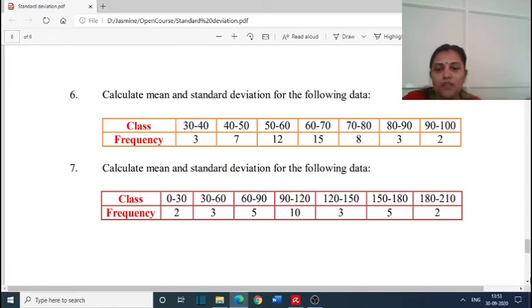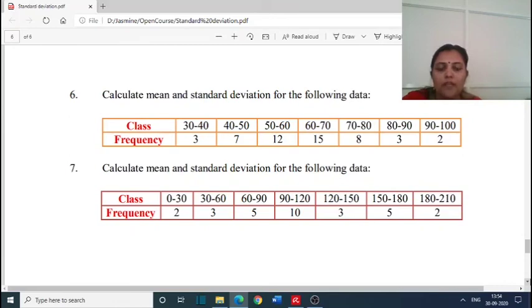So here the class is equal to 0, 30, so x is equal to 15. Next class is 30, 60. Next one 60, 90. After that 90, 120. After that 120, 150, 150, 180, 180, 210. And the frequencies are 2, 3, 5, 10, 3, 5, 2.